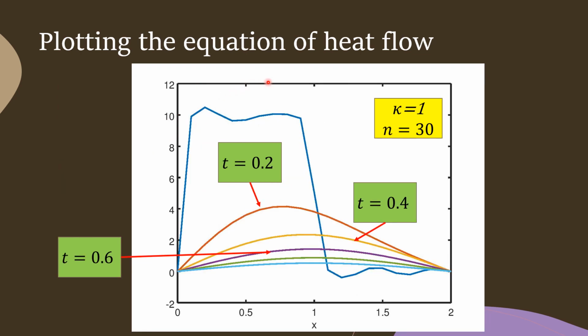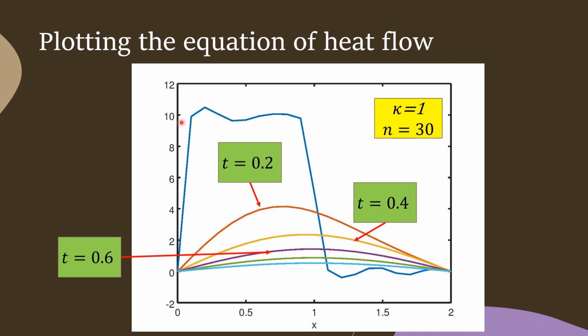And lastly, in this slide, I show you the plot at t equals 0, 0.2, 0.4, and 0.6 as a function of x, right? What we have done previously was to show that for n equals 30, this is going to give us more accurate results. So I'm retaining n equals 30, but then I'm going to plot for different t values. The one in blue here is for t equals 0.